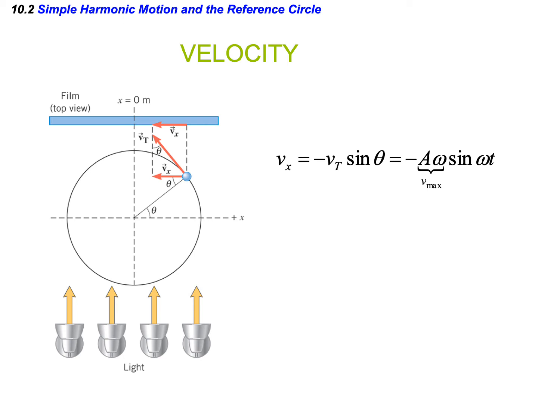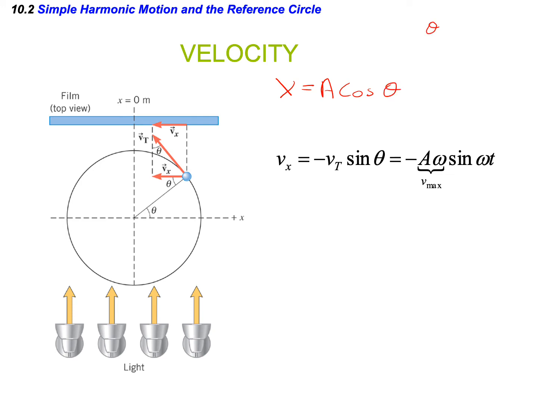Okay, we derive an equation for the displacement of an object in simple harmonic motion. The displacement we can write in terms of x: x equals A, the amplitude of the wave, cos theta.